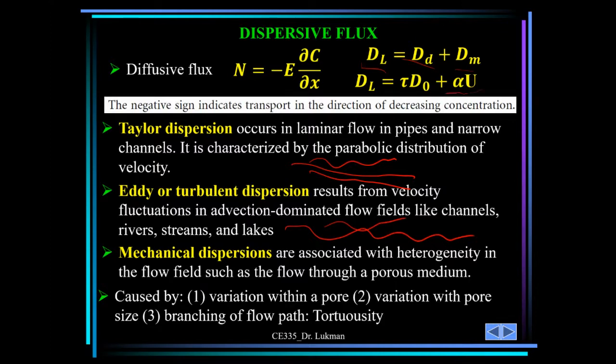alpha u, where u is the velocity and alpha is called the dispersivity of the medium.